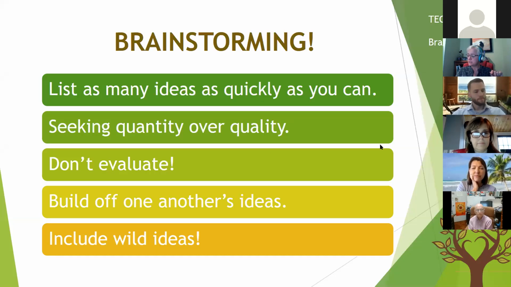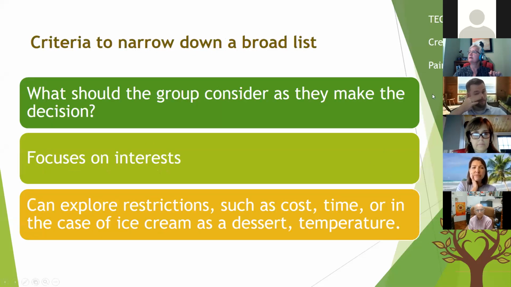So, all right, so let me share this screen again. Okay, so we just did our brainstorming. And now what we're going to do is we're going to create those criteria for the group to consider as you make a decision about what desserts you want to have at your picnic.